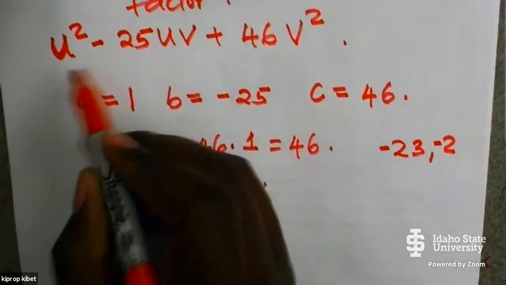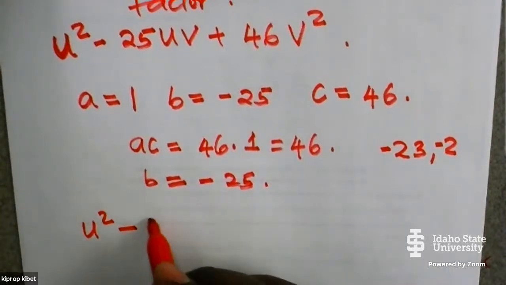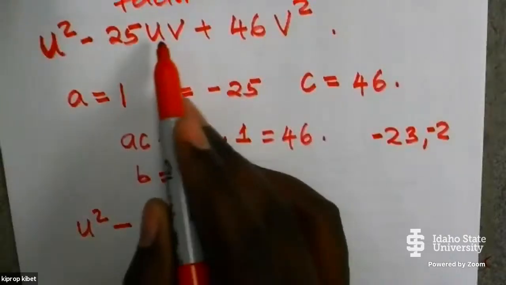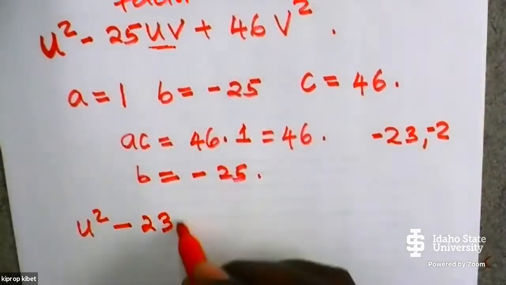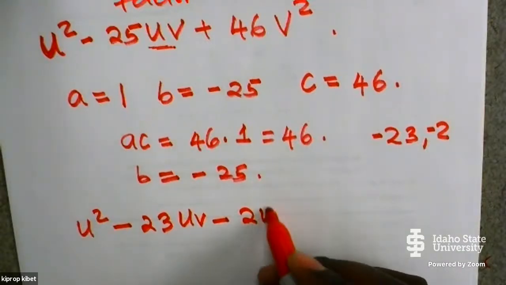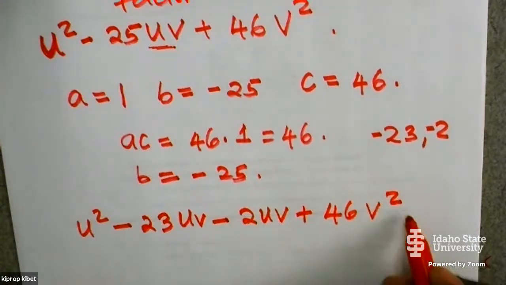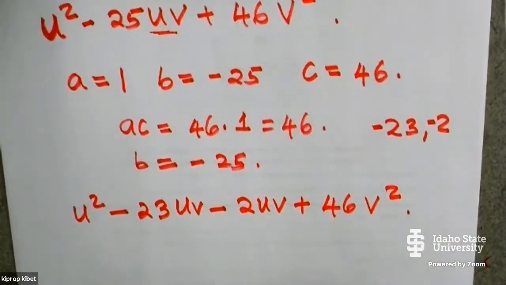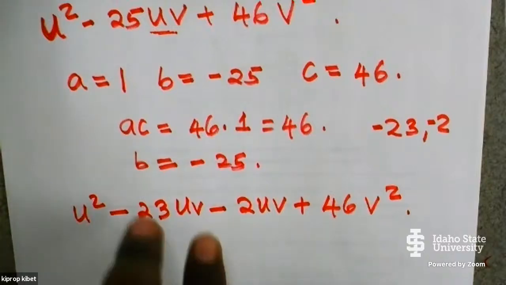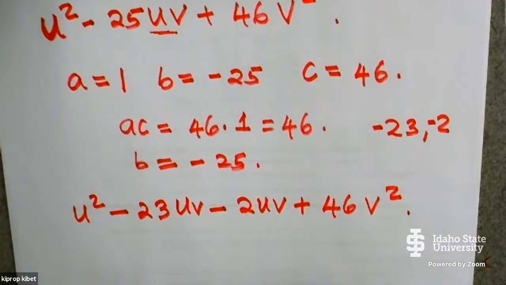Coming back to this, it will be u squared minus 23uv minus 2uv plus 46v squared. If you want to write it back, we can still write it as u squared minus 25uv plus 46v squared.